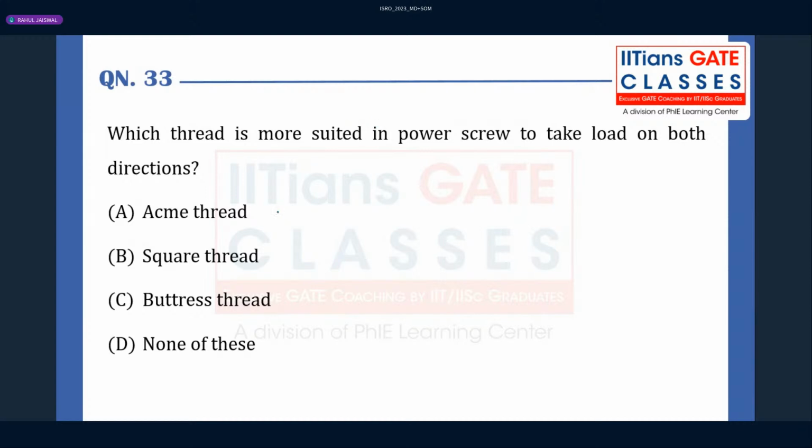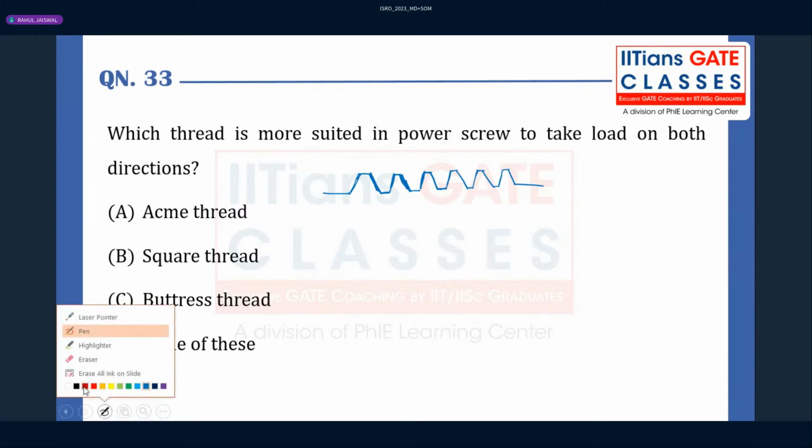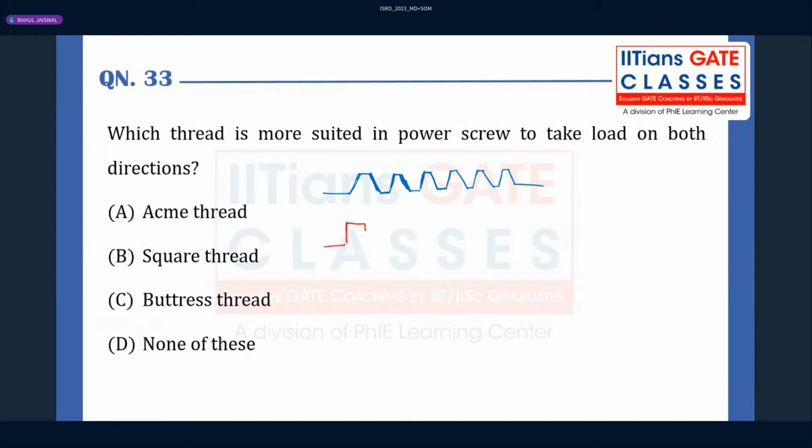There we have seen the acme thread, which has the thread angle 29 degree, where the included angle is 29 degree. And when you take the square thread, where the thread angle is 0, both the flanks are perpendicular.